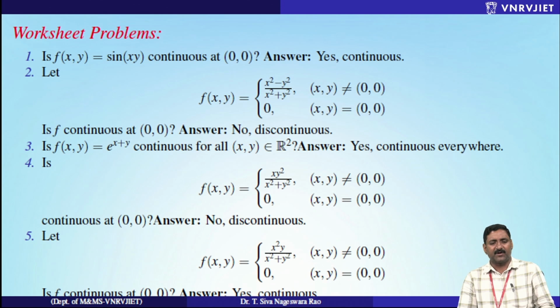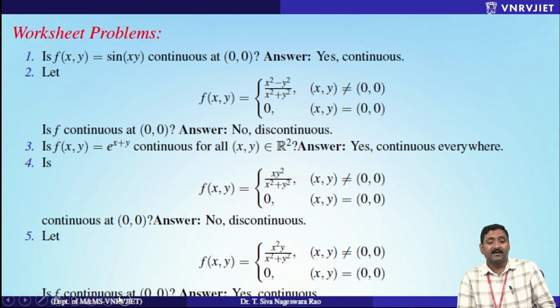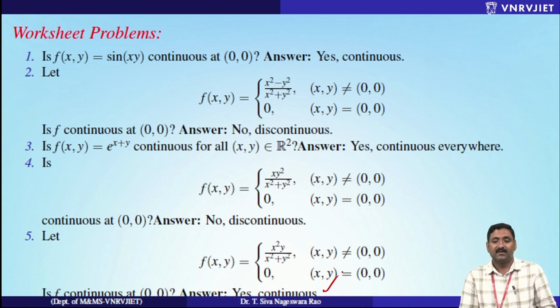Now, these are the worksheet problems. Please practice. I have also given answers for all these problems. The last one, is f of x comma y continuous at 0 comma 0? The answer is yes, it is continuous.